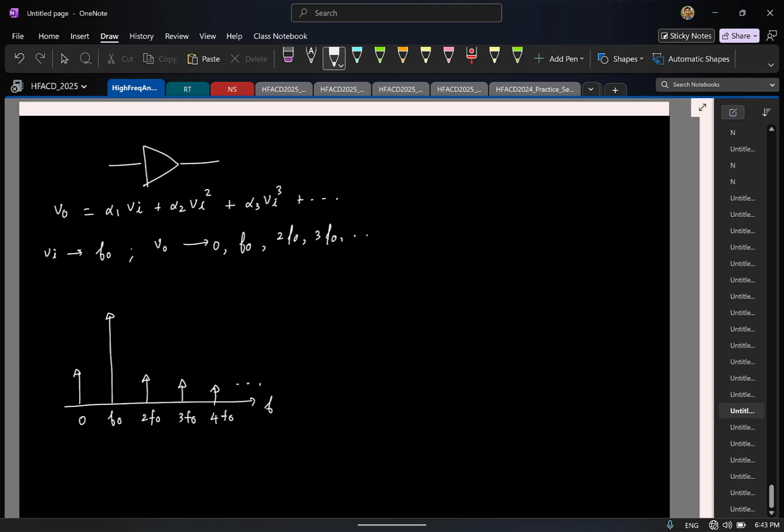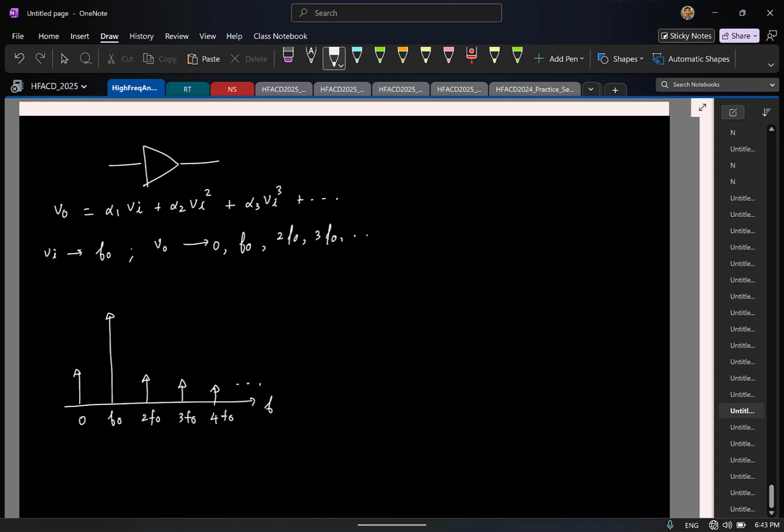But at the heart of all linearity metrics, what will happen is this. We know that if you feed in a sinusoid at f0, you get a whole bunch of harmonics. So to quantify the amount of nonlinearity, we see what is the strength of all these unwanted harmonics with respect to the required signal. That's the basic idea, and the actual definitions might vary depending on the kind of system you are dealing with.